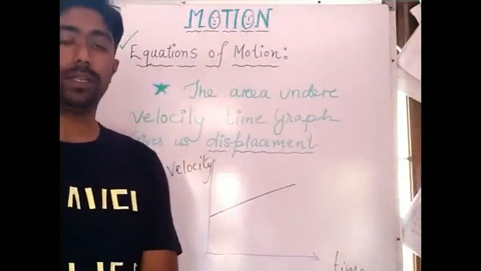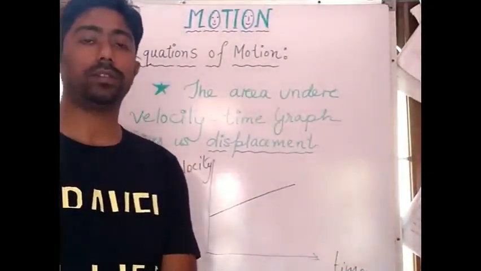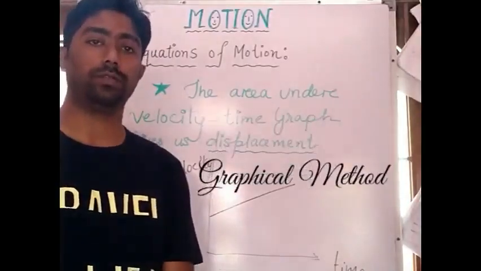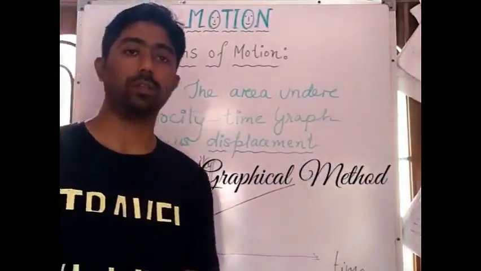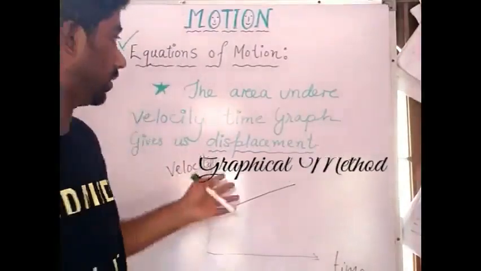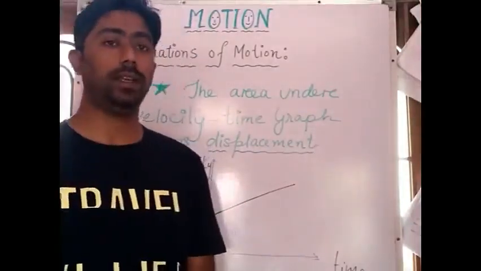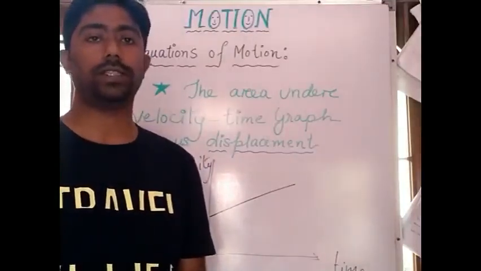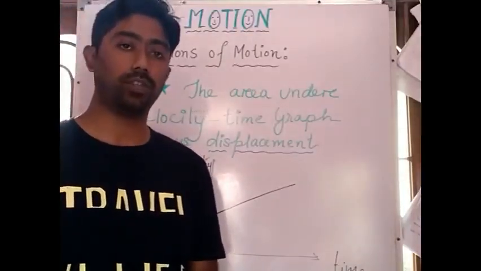We will discuss only one method here, and that method is known as the graphical method of deriving the equations of motion. The three equations that we just discussed: v = u + at, s = ut + half at square, and v square minus u square is equal to 2as, can be derived.